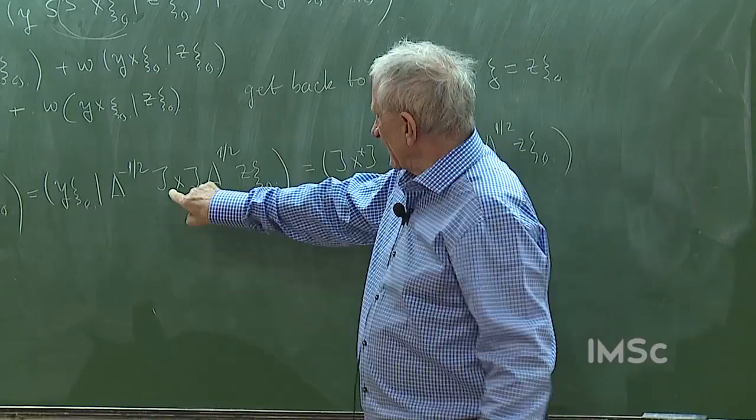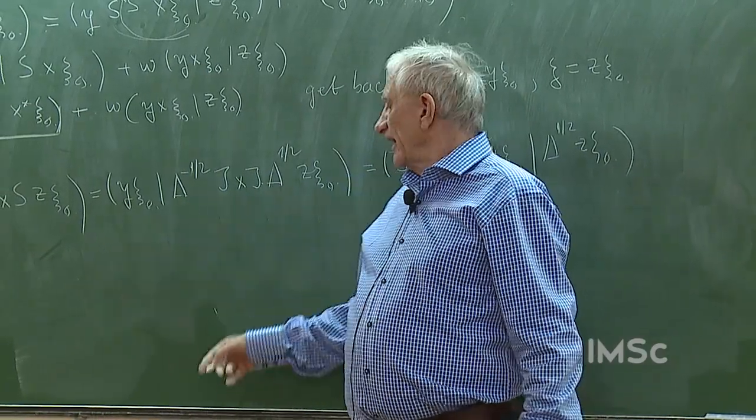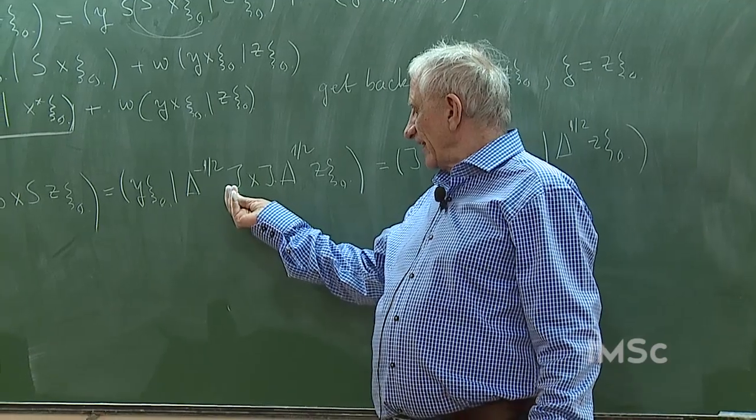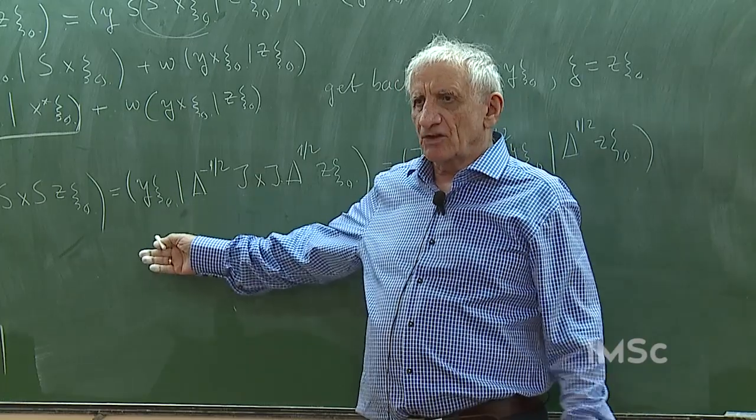Simply I transported everything to the other side by adjunction. And by adjunction, because I have twice j, it changes the order twice, so I get a normal thing.